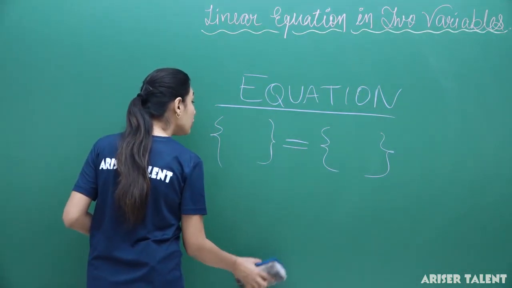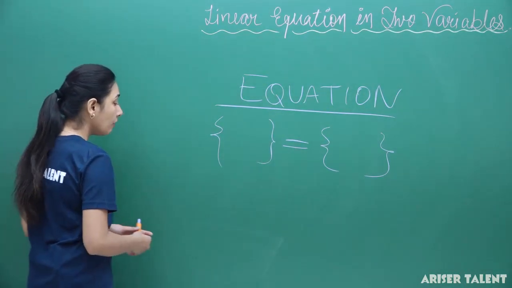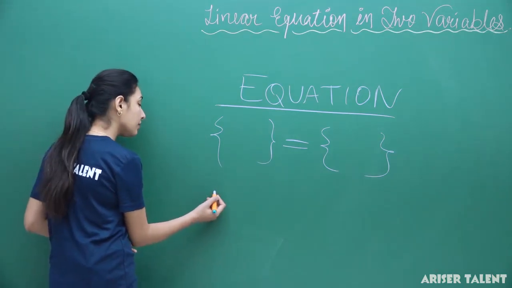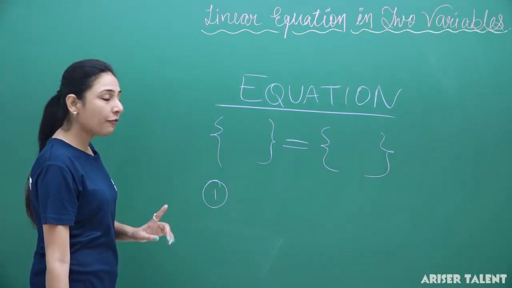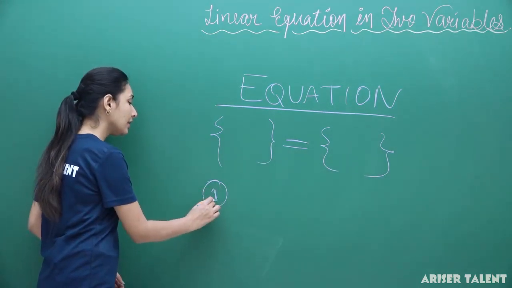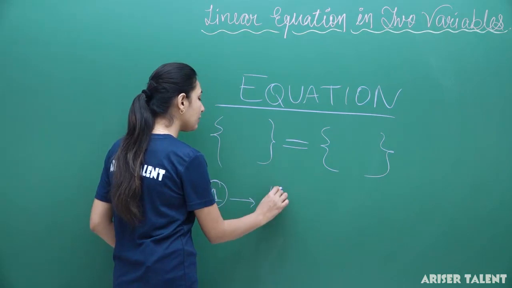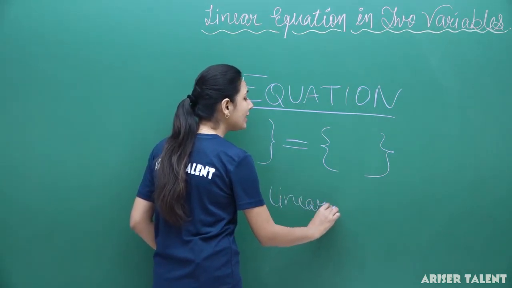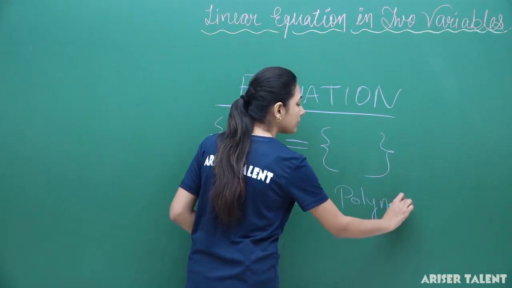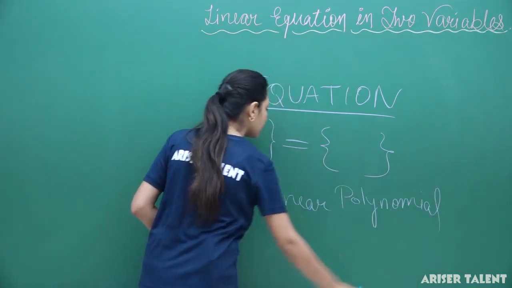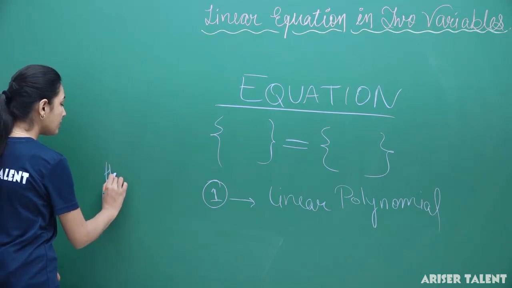When I talked about polynomials, I told you that when the degree of the polynomial is 1, then that will be linear. Not equation, polynomial. That is the highest degree.